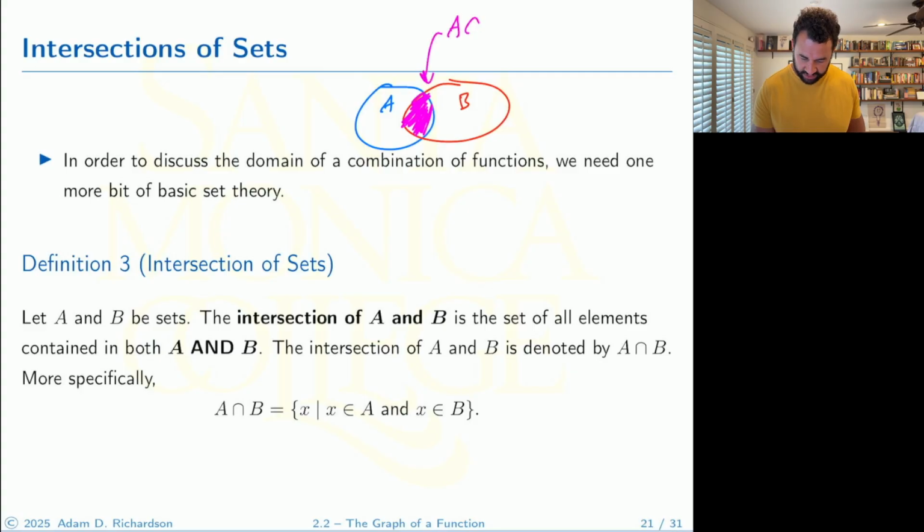This is the intersection of A and B. So the important thing here is that whatever is in the intersection, it's got to be in both of the sets, not just one of them. We denote the intersection with this little upside down U, a little N, if you want to say it like that. And it's literally just the set of all elements in A and B.